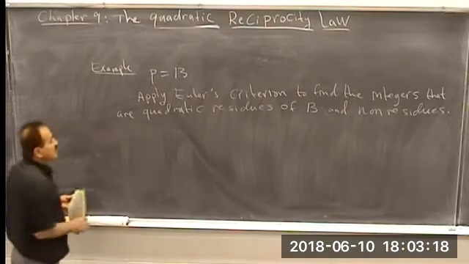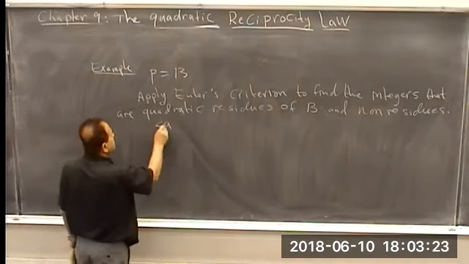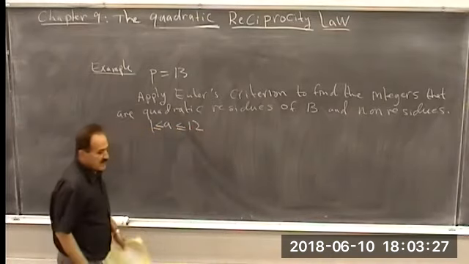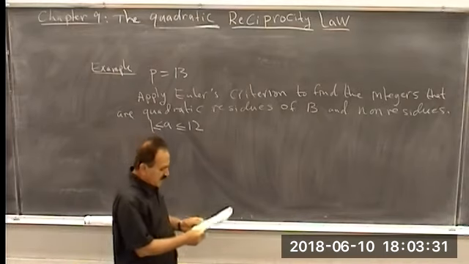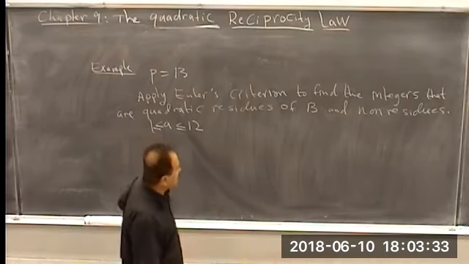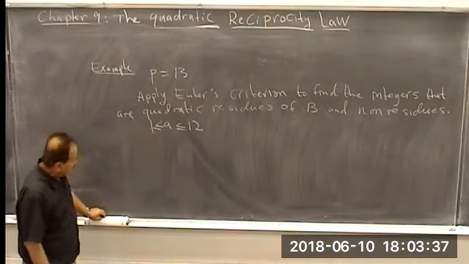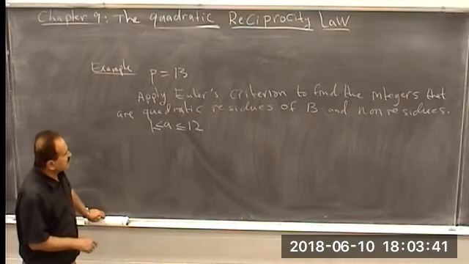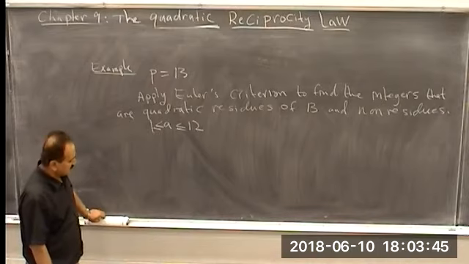We only need to consider the integers between 1 and 12. All right? Because any other integer, as we will actually show in the next remark, if two integers are congruent to each other, then if A is a quadratic residue, the congruent number to it is going to be a quadratic residue.